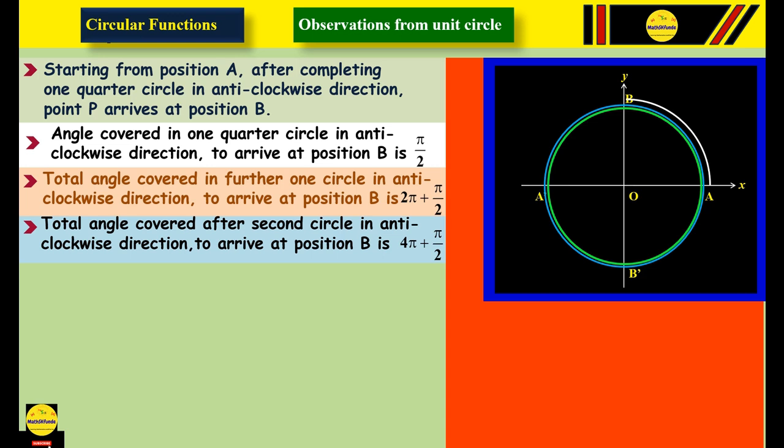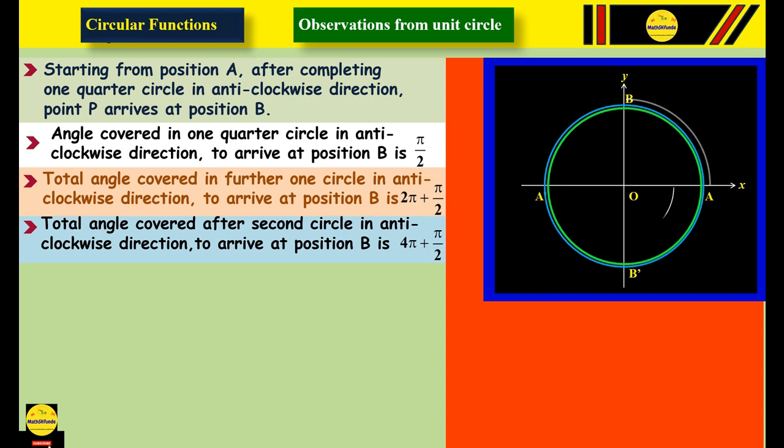Now, if point P continues its journey, one more complete circle in anti-clockwise direction, then another 2 pi will have to be added, so the angle would be 6 pi plus pi by 2. One more circle, then it would be 8 pi plus pi by 2 and so on. So right now you are allowing point P to move only in anti-clockwise direction. So this entire story was about when point P moves in anti-clockwise direction.